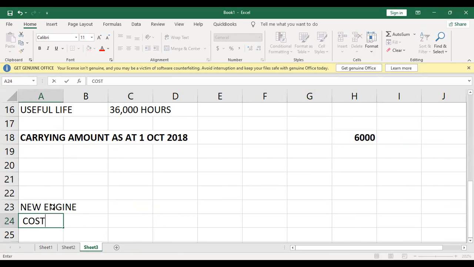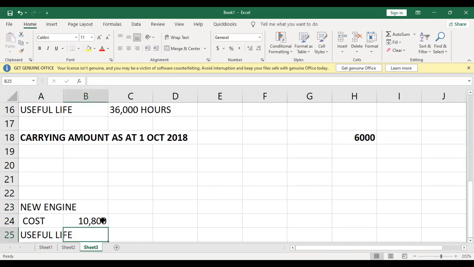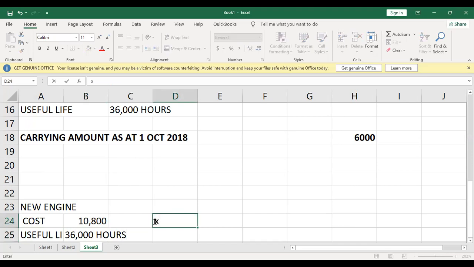How many hours? 36,000. Okay, still 36,000. Multiply by how many hours it was used for this year? 1,000. So times 1,000 hours, what do we have? 300,000. Okay, let's keep that one too.